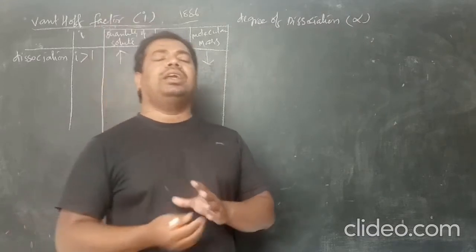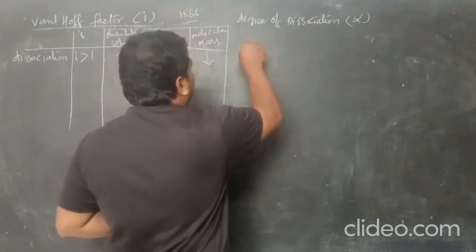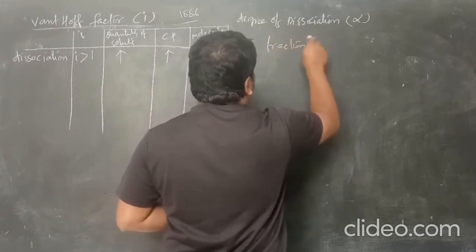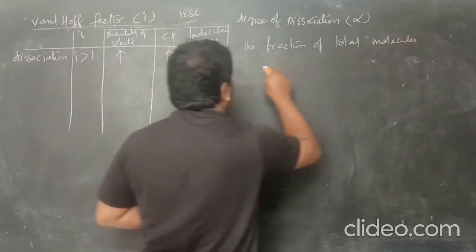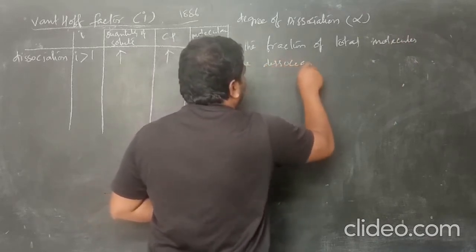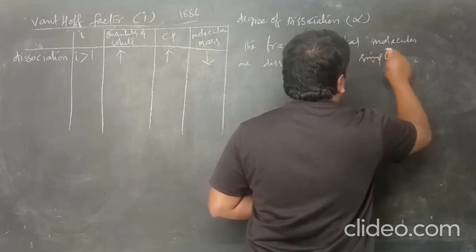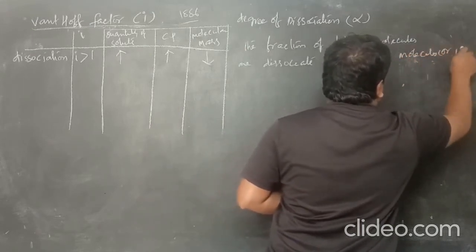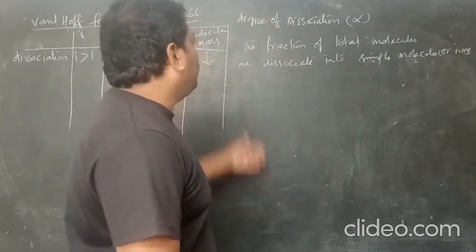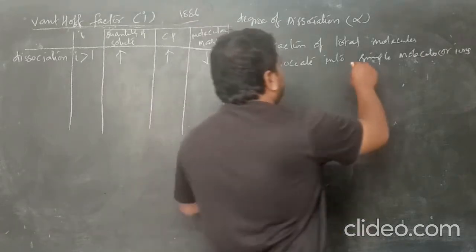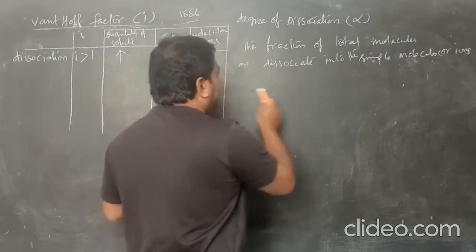We can define the degree of dissociation as the fraction of total molecules that dissociate into simple molecules or ions. Clear?